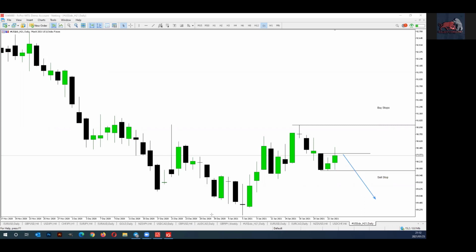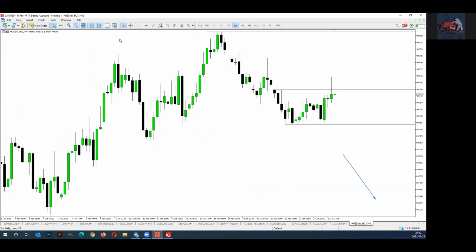So that's how you analyze your Monday's price action. Now, if I go into the H4 time frame, for those that like to trade Monday, you can clearly see we had the market trading to an imbalance area right here, and then it found resistance.